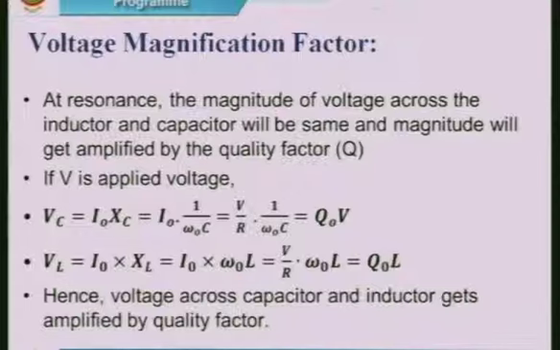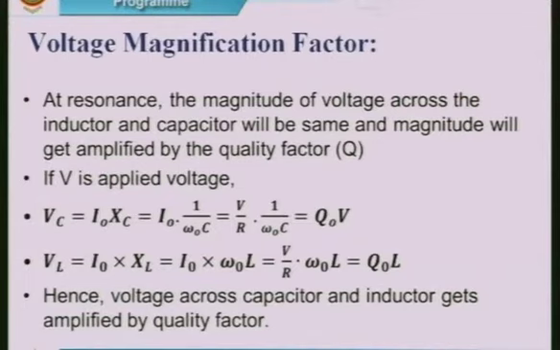In the same way, we know that at resonance, Vc and VL are equal in magnitude. So VL is also I naught into XL, where I naught is V by R, and XL is omega naught into L. When you substitute that, omega naught L by R is nothing but the quality factor. So you have the equation for VL, the voltage across the inductor at resonance, which is magnified by the quality factor times.